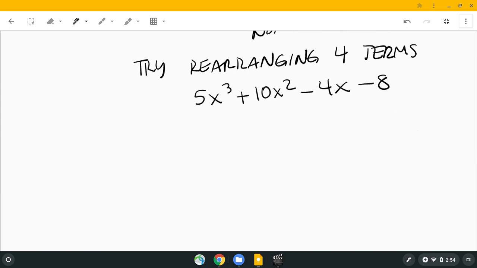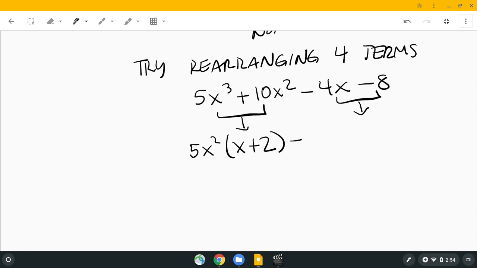If I do this first group now, they have 5x squared in common. And then I will have x plus 2 here. This group, here this has a subtraction. That's going to be an important part.